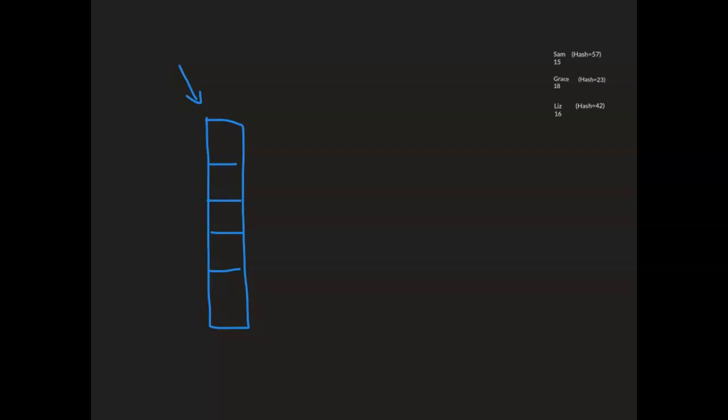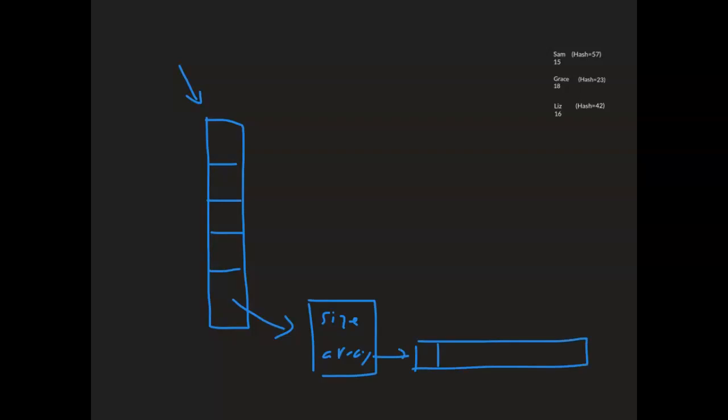Then each of these has its own array list. Let's draw this completely on the bottom one. An array list is an object. Inside it has size, and then it has an array. That's what an array list is. By default, the array list has 5 elements in it, so our BCA array list creates a 5-element empty array at the beginning.